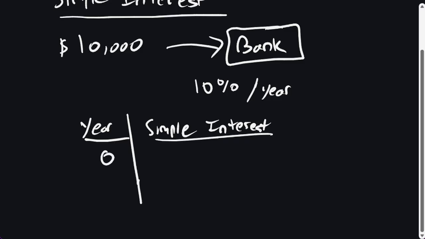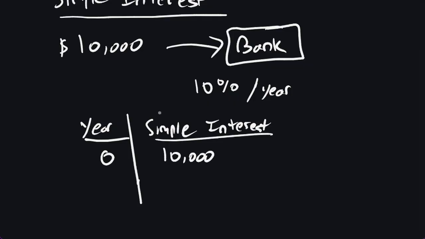In the beginning, before any time has passed, you have the $10,000 that you put in. So year 0, you have the 10,000 that you put in there. And year 1, your money grows by 10%. So 10% of 10,000 is 1,000.